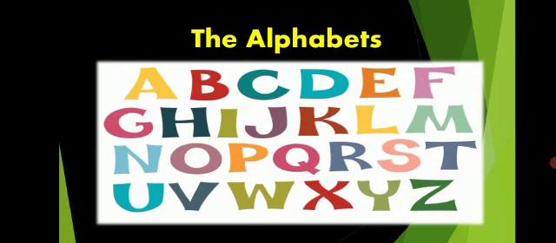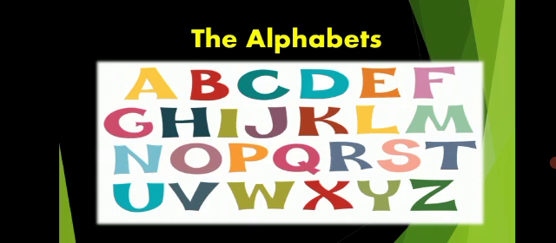Kids, the collection of letters is called alphabets. There are 26 letters in the alphabet. Do you know where we got this word alphabet from?